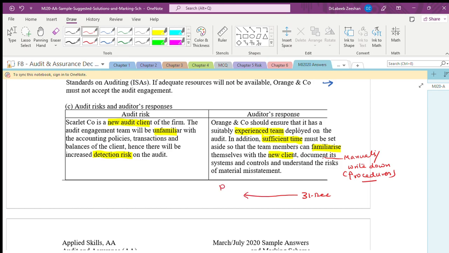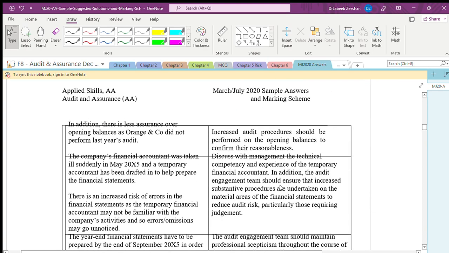By how much you plan ahead is very subjective; somebody says 5 months, somebody says 6 months. That is not the case. You have to mention that you have to plan ahead, have sufficient time, and be familiar with the documents and the systems. Okay, the first one. What is the second one?